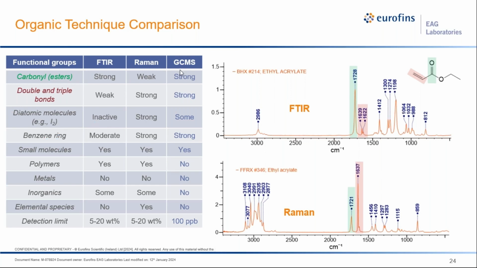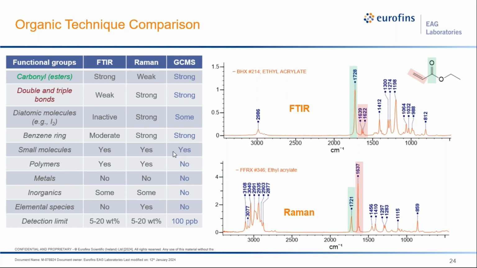Okay, now GCMS is quite good at detecting carbonyls and double bonds and triple bonds, and even some diatomic molecules. Where GCMS is not going to be successful is looking at larger molecules, looking at polymers or inorganic compounds. And you can see polymers and small molecules can be easily detected by IR, FTIR, and Raman, but not GCMS.